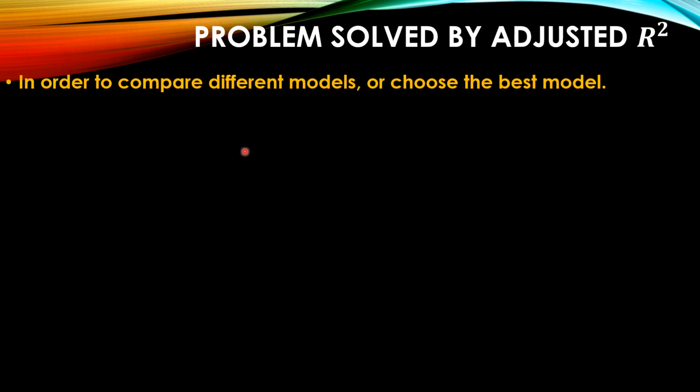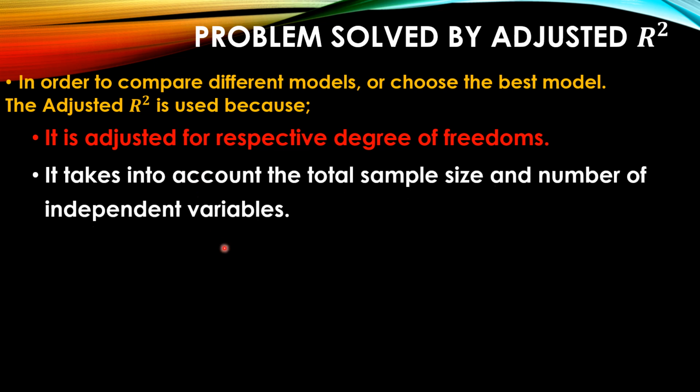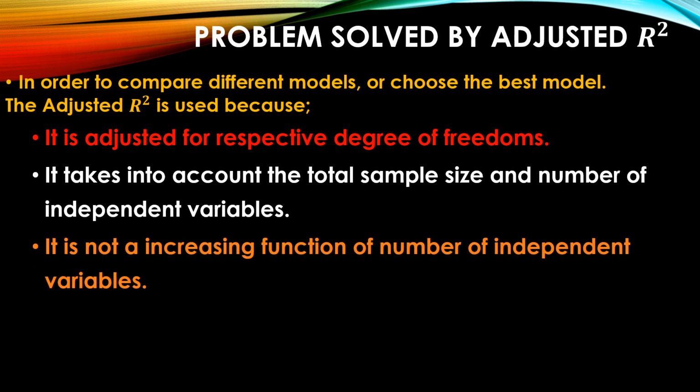In order to compare different models or choose the best model, the adjusted R square is used for the following reasons. Number one, because it is adjusted for respective degrees of freedom. Number two, it takes into account the total sample size and number of independent variables used in the model. And last but not the least, it is not an increasing function of the number of independent variables.